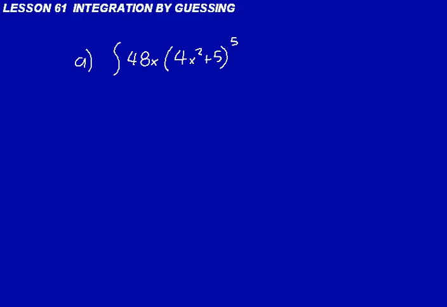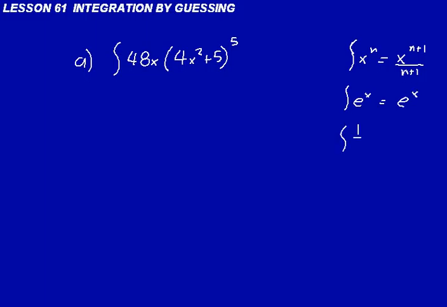To do these integrals, keep in mind some of your basic integrals that you've been working with, like the integral of x to the n. You know that that's equal to x to the n plus 1 over n plus 1. The integral of e to the x is just equal to e to the x.